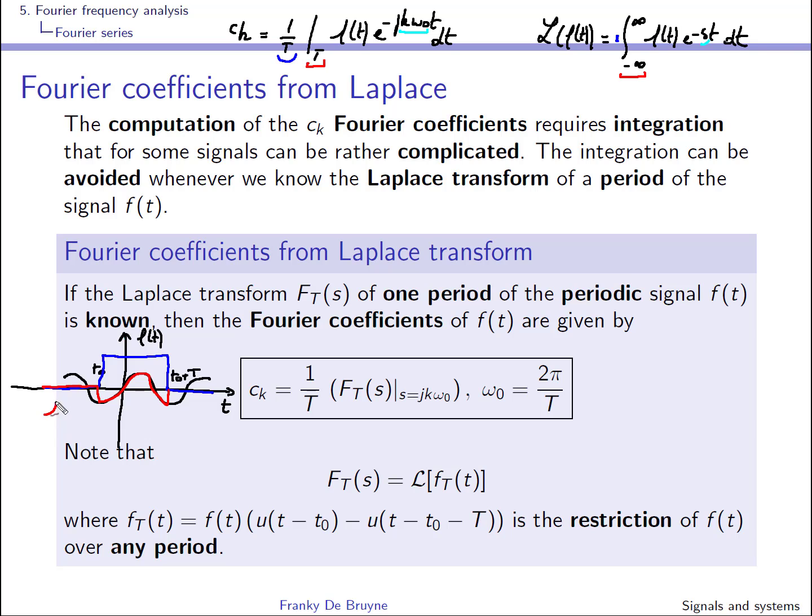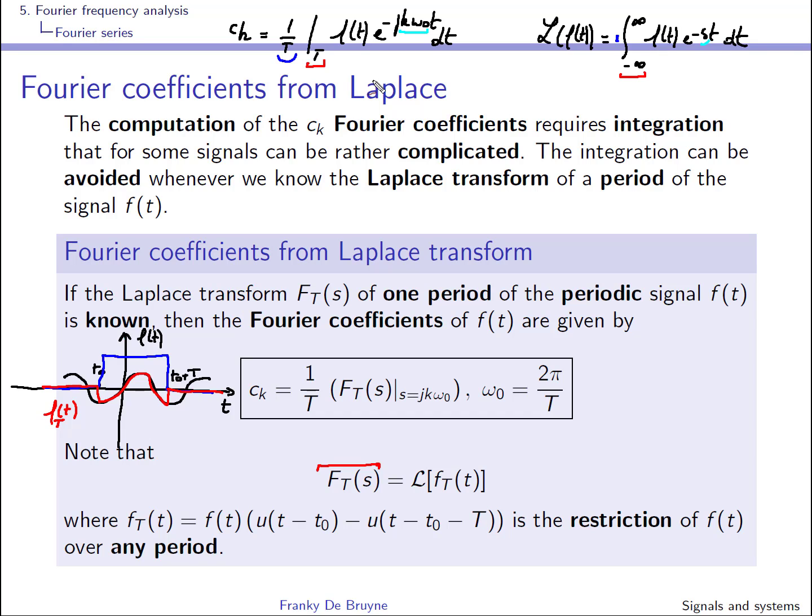And we'll call this a function f of t restricted to one period. Okay, so if we take the Laplace transform of this one, we'll do an integration from minus infinity to infinity, but since the function is 0 everywhere except in the interval from t0 to t0 plus T, we'll have an integral that corresponds to what we want in the computation of the Fourier coefficients.